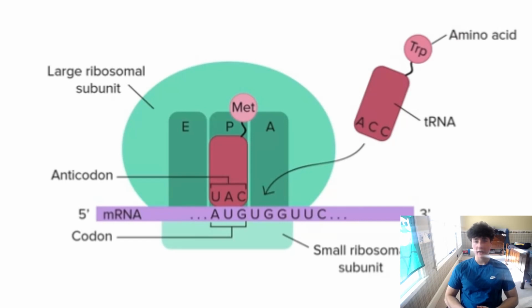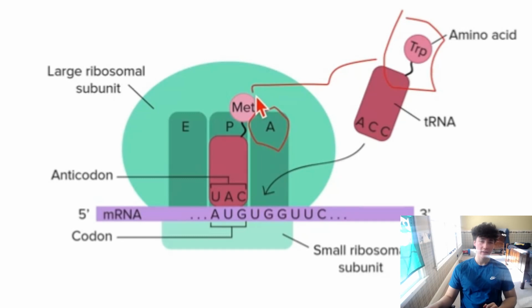The ribosomal complex has 3 binding sites for the transfer RNA. So what's going to happen is there's the A site. Think A for adds. The tRNA is going to bind here and add the amino acid that it has to the existing one.